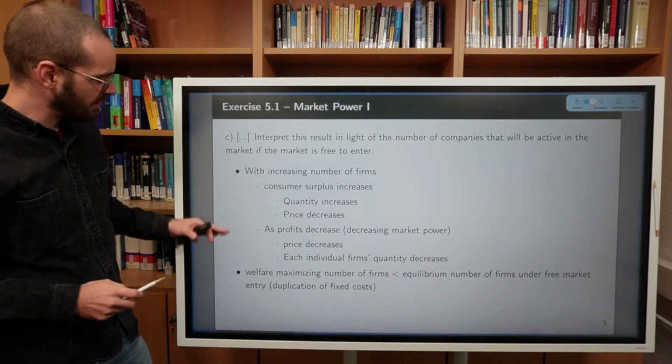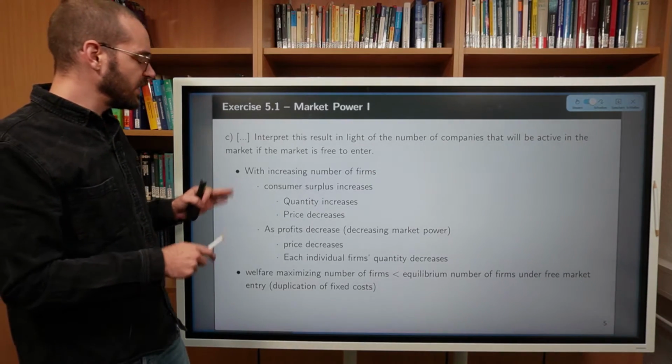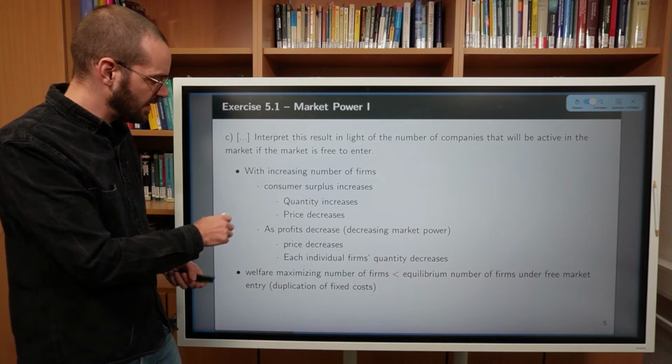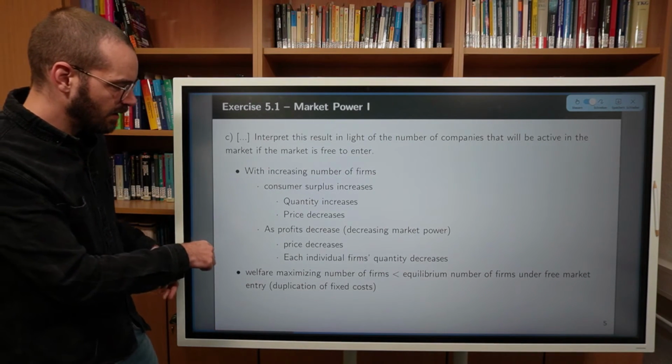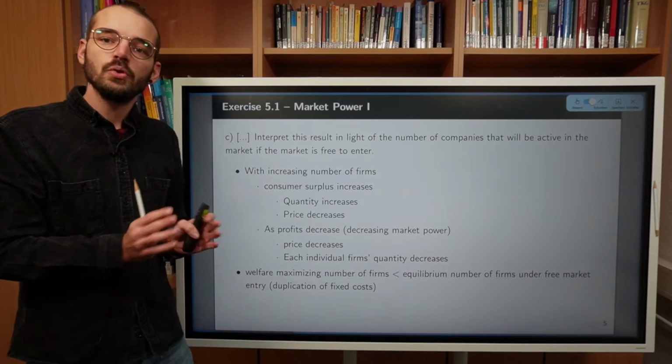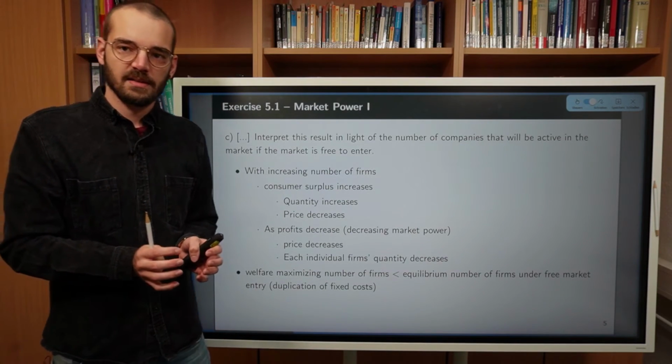So, as we have pointed out earlier, we can observe that with an increasing number of firms, the overall welfare sees two opposing effects, right?